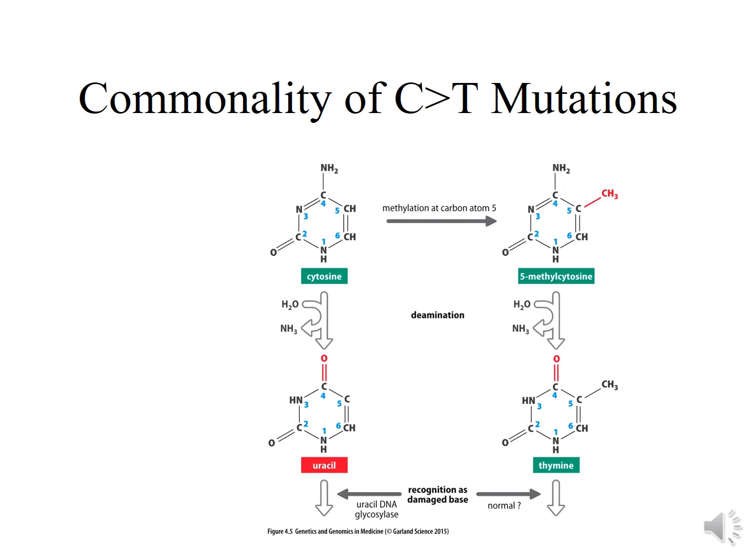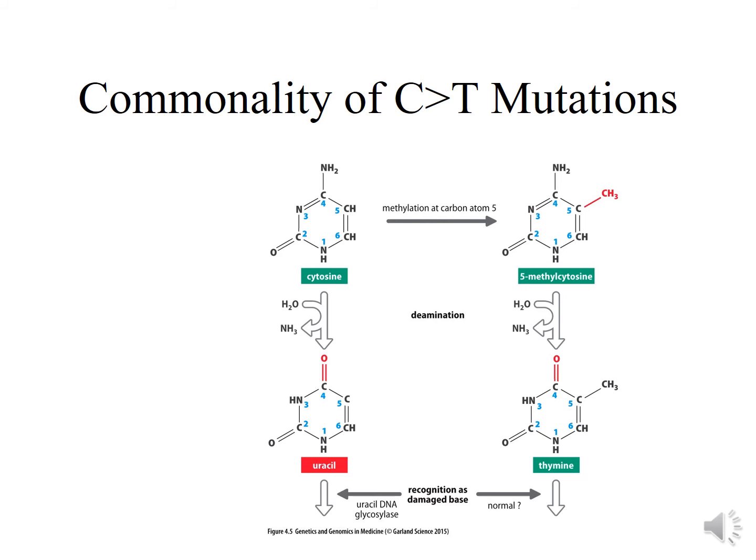However, as shown on the right, in the DNA of vertebrates, many of our cytosines are methylated at carbon atom number 5. Deamination of 5-methylcytosine produces the base thymine, a base that's normally found in DNA.